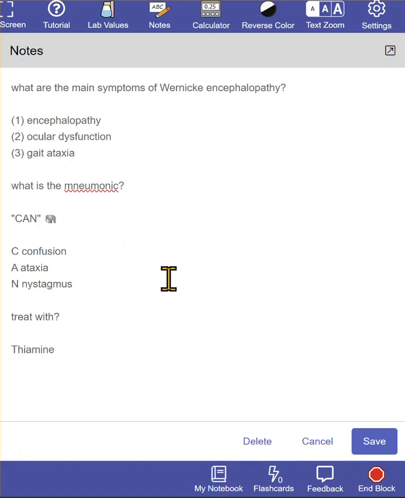So C for confusion, A for ataxia, N for nystagmus. And the treatment would be thiamine, of course, because Wernicke's encephalopathy is an early reversible pathology of thiamine deficiency, and the non-reversible one is Korsakoff syndrome, which causes confabulation and other neurological symptoms.